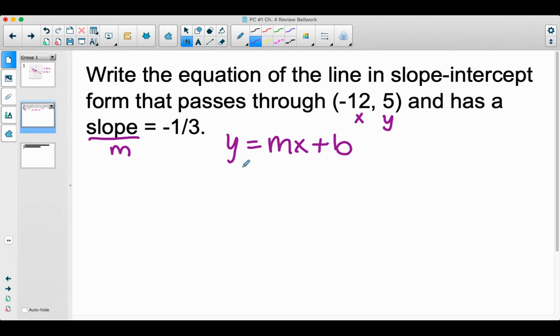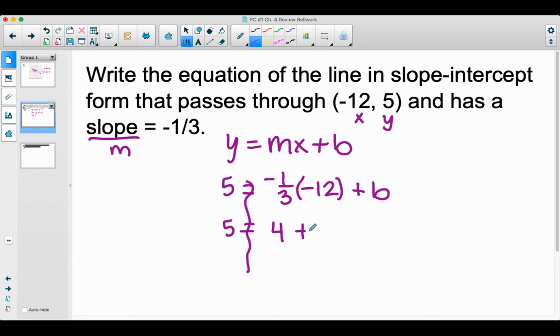So we know that y in this case is 5, m is negative 1 over 3, our x is negative 12, and then we have plus b. And then in our calculators, we multiply this together, and we're trying to solve for b. So we have 5 equals, when I multiply that, I get 4, and then I have plus b. And to get b by itself, I would have to subtract 4 on both sides. And so I get 1 is equal to b.